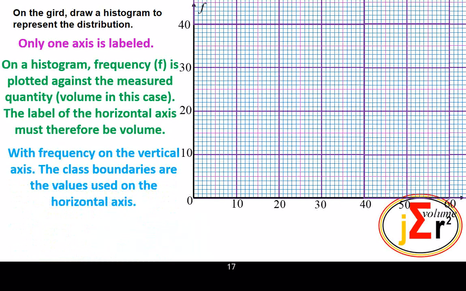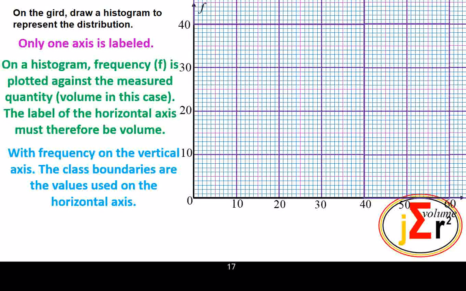With frequency on the vertical axis, the class boundaries, which are related to the measured quantities, are the values used on the horizontal axis.